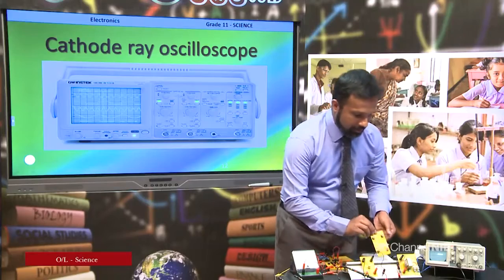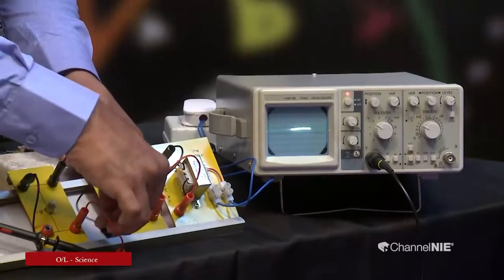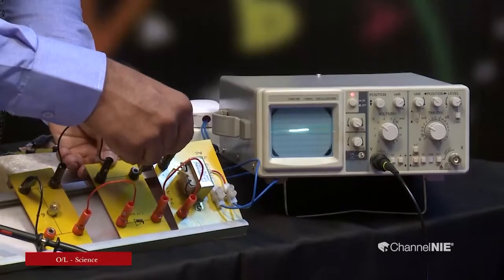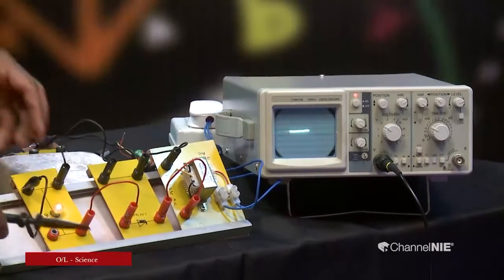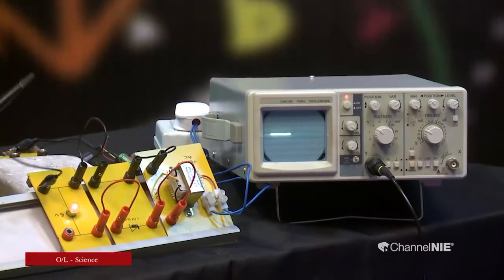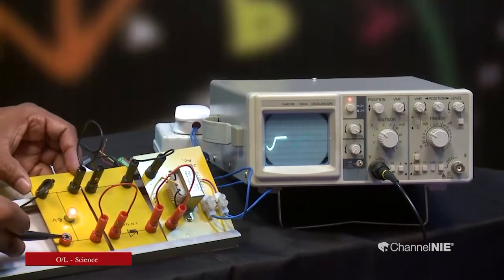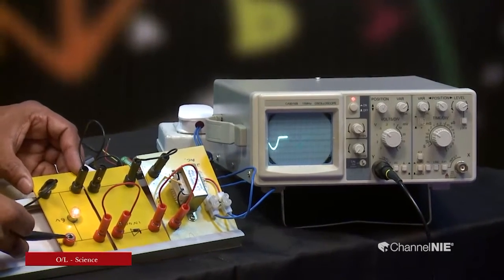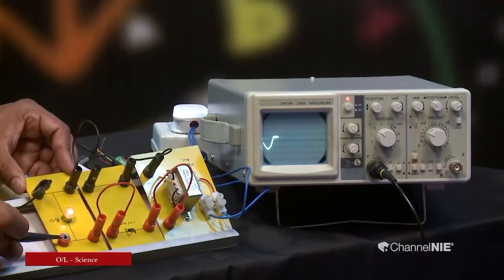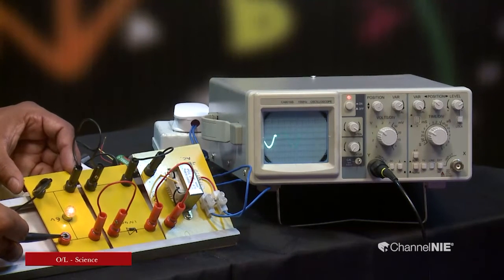This is the diode arranged in the opposite way. In this instance also you can see the brightness of the bulb reduces. Now you can see only the negative half is rectified. In the previous instance, only the positive half of the AC current was rectified.